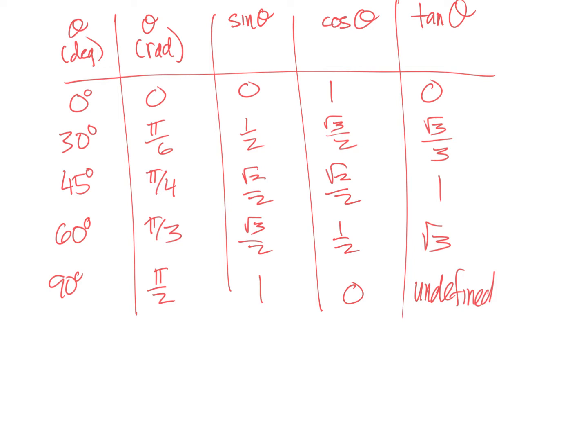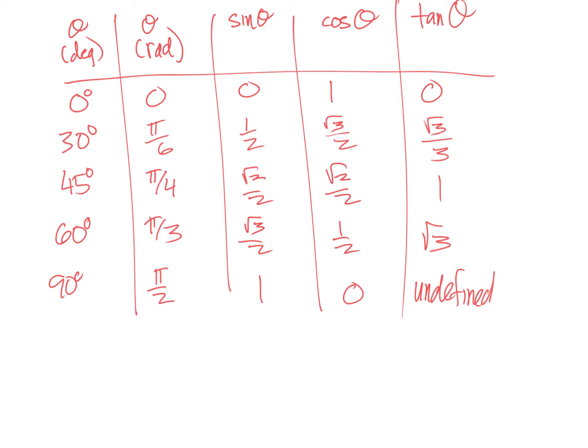And so these are the same values that we got from the unit circle. In fact, we could continue going on if we did the other three trig functions, cosecant, secant, and cotangent. But we're just going to be looking at this.